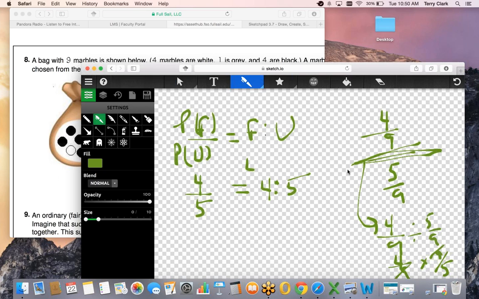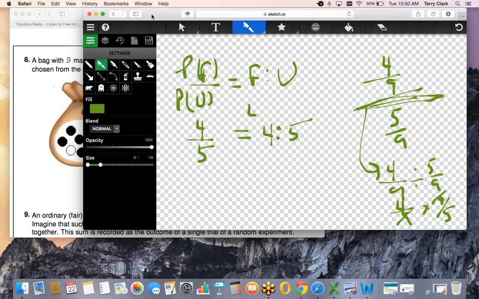So you still end up with the same answer. But instead of doing that, we just say favorable 4, unfavorable 5, and that's our odds, 4 to 5. You just don't want to get bogged down having to do all that math.